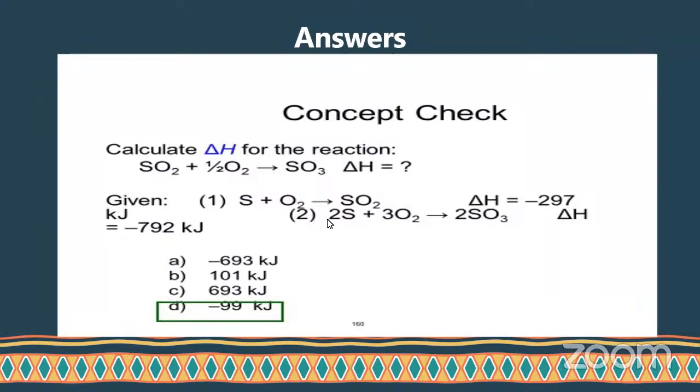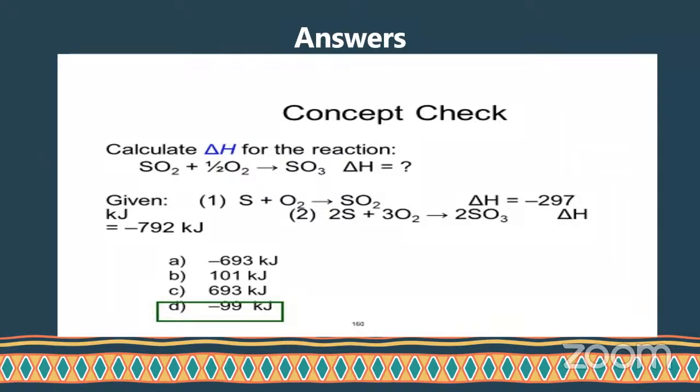Now for the second series, we have sulfur plus 3/2 oxygen to give us SO3. The enthalpy change is minus 396 kilojoules, correct.